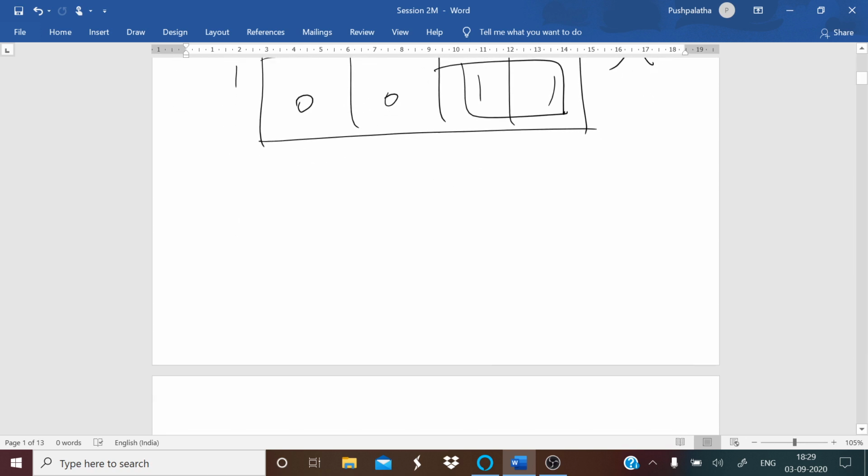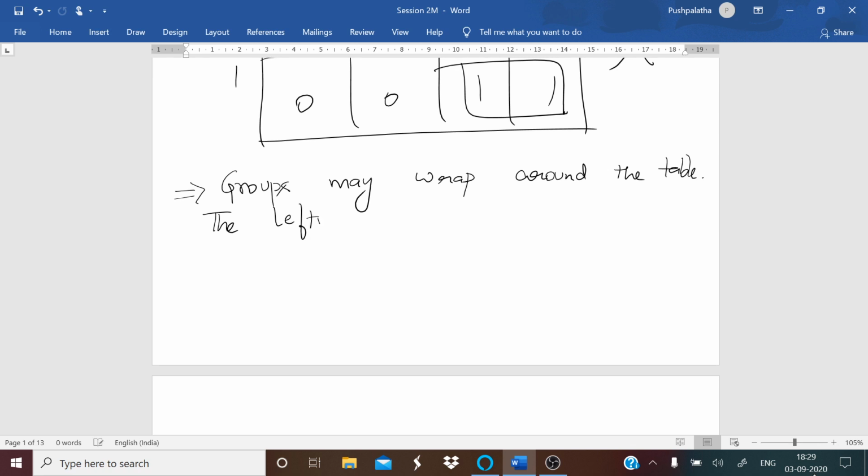Okay, and the next rule is that groups may wrap around the table. Okay, the leftmost cell in a row may be grouped with the rightmost cell and the top cell in a column may be grouped with the bottom cell. I'll just write it down here. You will understand when we give it with an example.